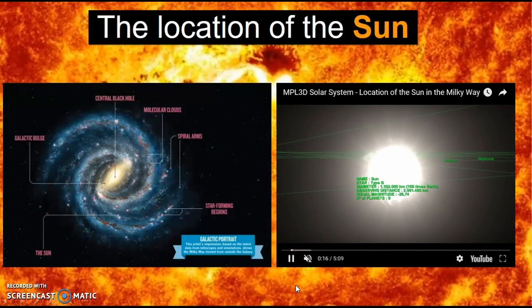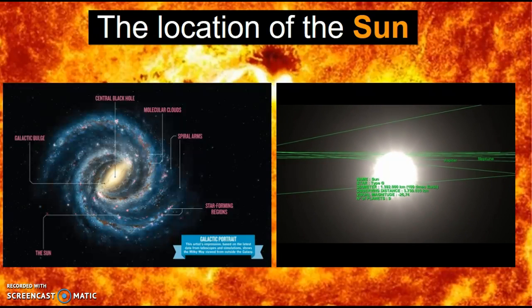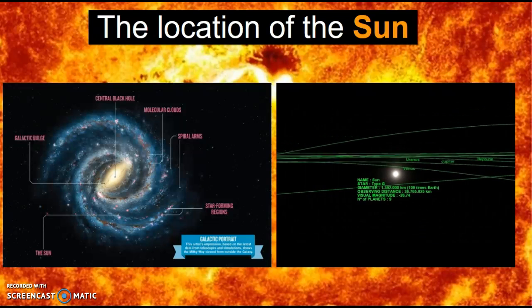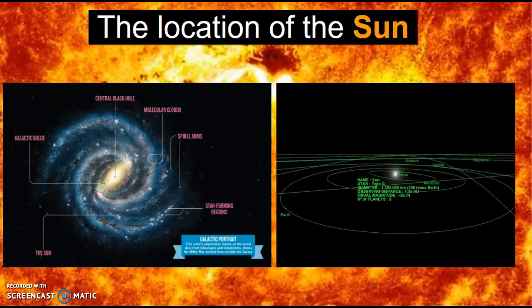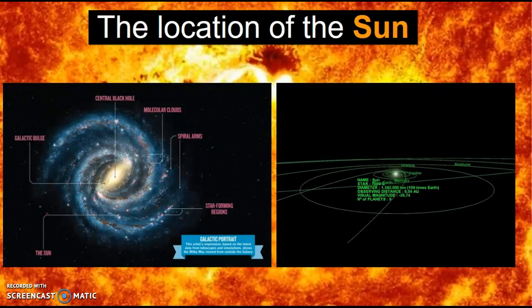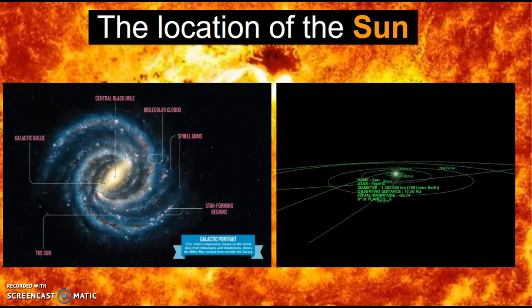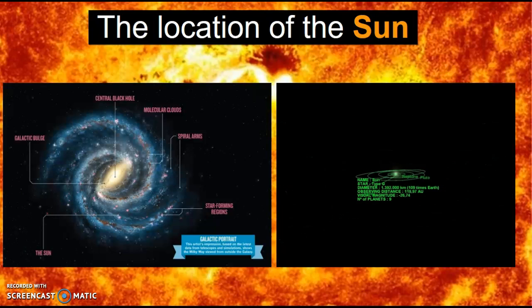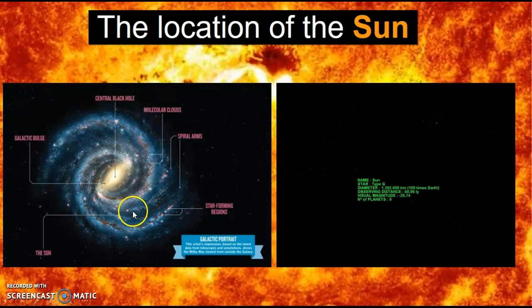Now we're going to talk about the location of the sun. While I'm talking, I just pressed play for this video here on my right, which is going to pan out to give you an idea of where we're at on the Milky Way itself. So the sun in our solar system is located within the Milky Way galaxy. The sun is in the spiral arm of the Milky Way called the Orion Spur.